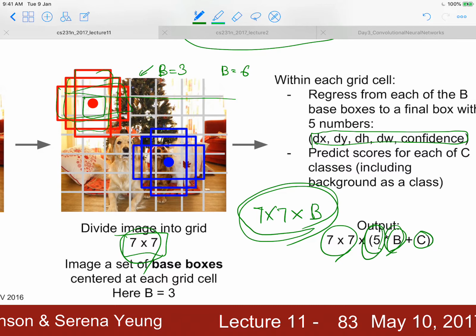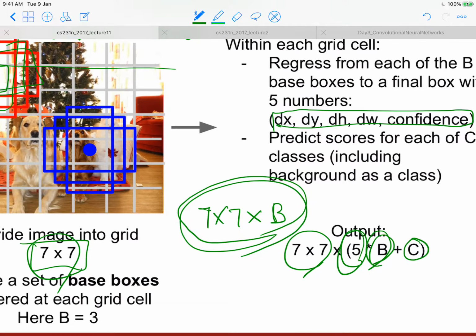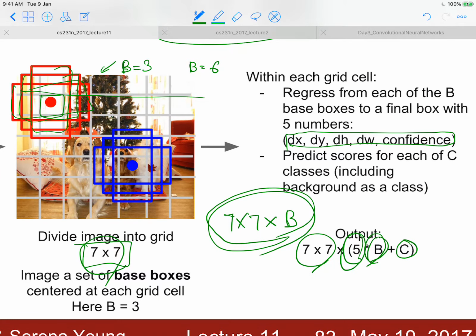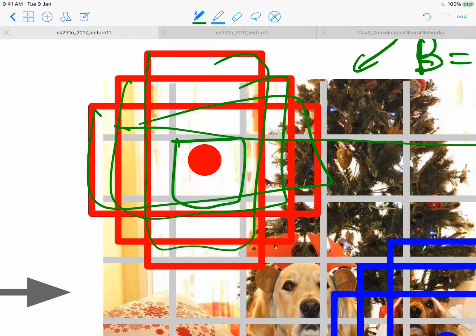And then C is the class number, right? Even though we have all the different bounding boxes coming from that single grid cell, we assume that their classification label is fixed as a single one.